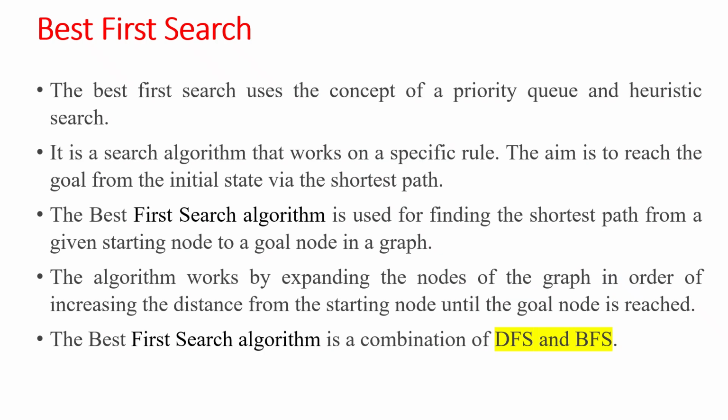Moving to the advantages: it has heuristic knowledge to guide the search, so it often reaches the goal faster than uninformed search methods, reduces the number of nodes explored, and is suitable for pathfinding and optimization problems. The disadvantages: performance depends heavily on the quality of the heuristic, it may not always find the optimal solution, and it can consume large amounts of memory because all generated nodes are stored.